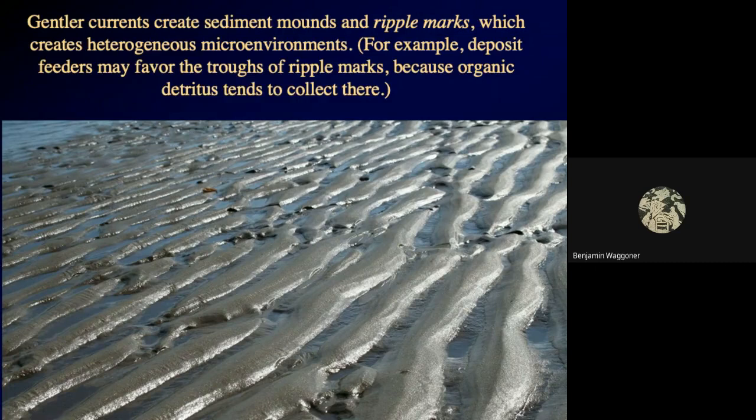Incidentally, they form perpendicular to the current direction. So from this point of view, it looks like they're running from lower left to upper right. That's perpendicular to the direction that the current is actually coming in.